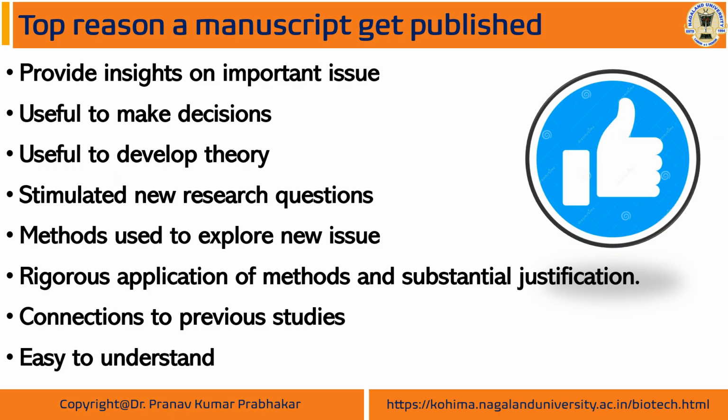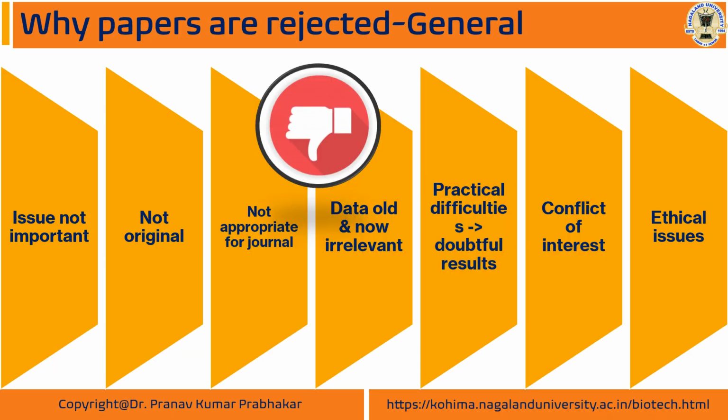So these are some of the reasons why a paper gets accepted. But more important than why a paper gets accepted, you should understand why a paper gets rejected. Only then will we overcome those reasons in the next submission and get it published. So I have divided all the reasons why a paper gets rejected into 3 different sections.